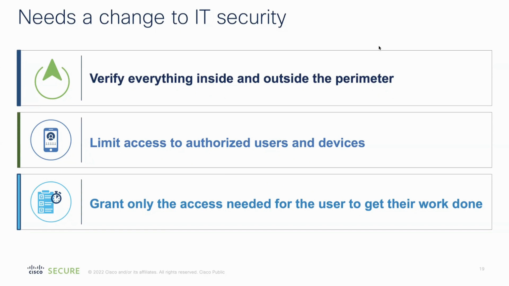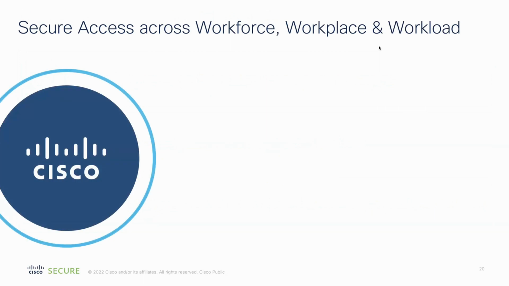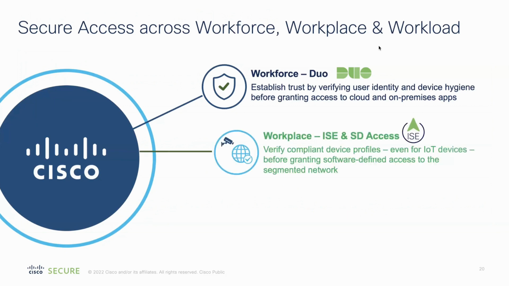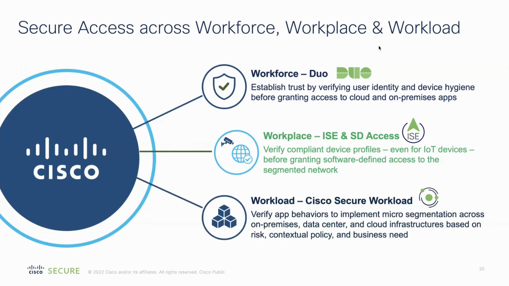That's how they need to adopt the changes. Now, Cisco provides multiple solutions already aligned with the zero trust principle, where Duo can be used to secure your workforce, ISE can be used for workplace, and Cisco Secure Workload can be used to protect your workloads.